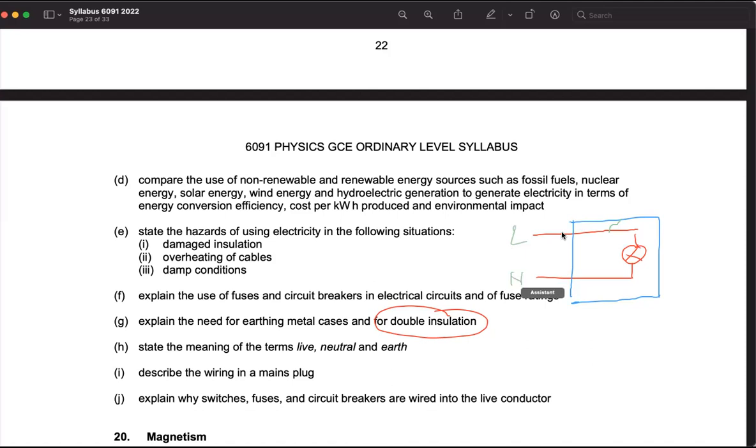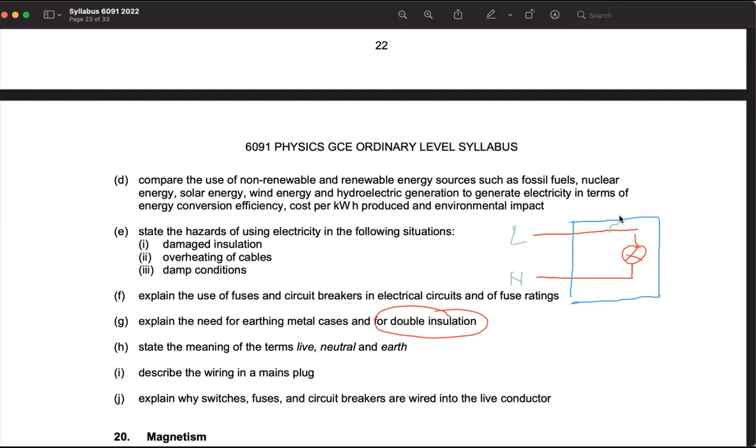To make your metal appliances safe, if it's insulated properly, it's fine. But if it's not insulated properly, if inside your equipment there's a short circuit or a wire that ends up touching the casing that's made of metal, when you touch it, you'll feel an electrical shock.